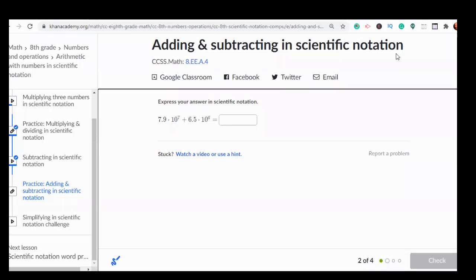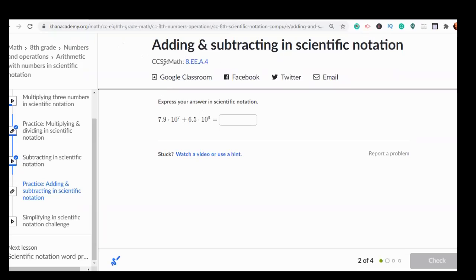So here we have example 2, 7.9 times 10 to the 7th plus 6.5 times 10 to the 6th. Of course we can see this is an addition problem, but the way we tackle it is exactly the same. First, we want to check and see if our powers are the same.